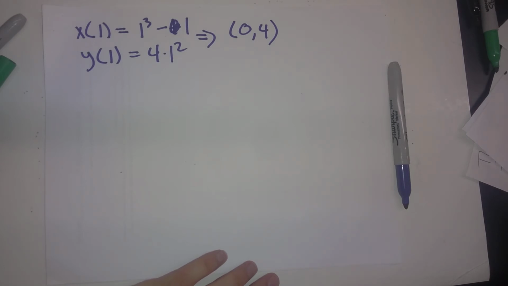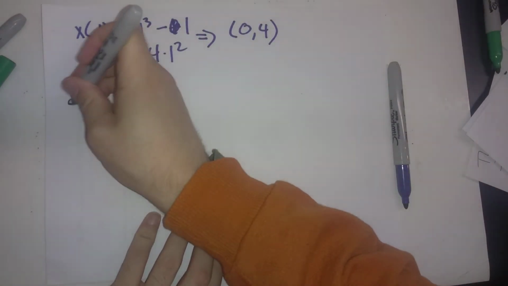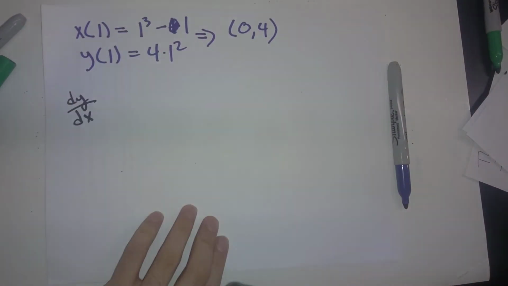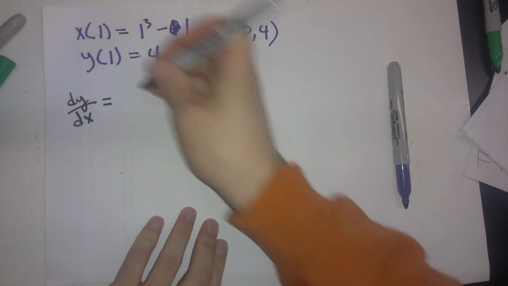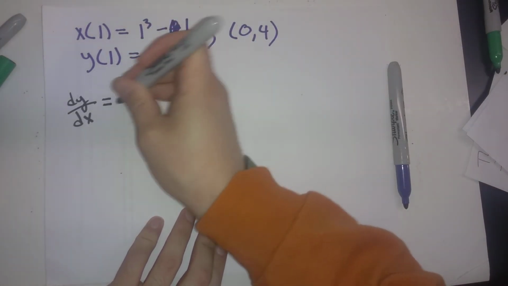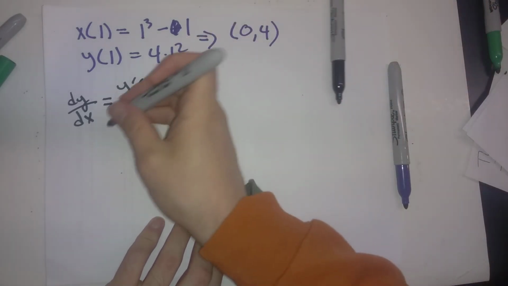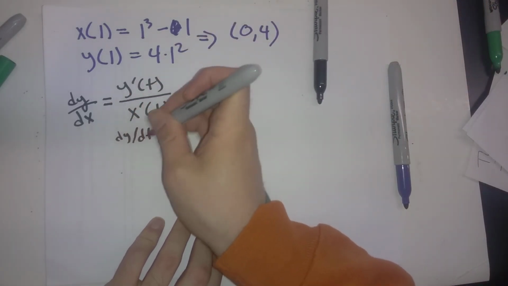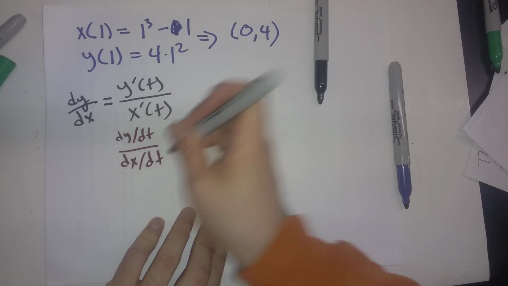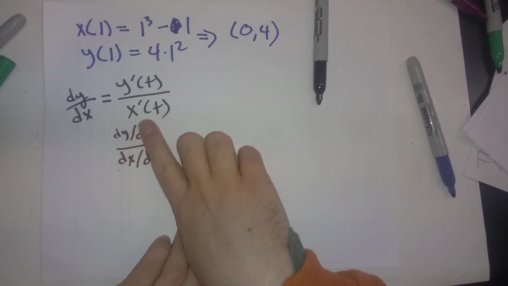Now the last thing we have to do is find tangent lines. So in order to find tangent lines, first we need dy dx. dy dx is y prime of t divided by x prime of t, because really this is dy dt divided by dx dt. It's kind of suggestive how the dt's cancel.